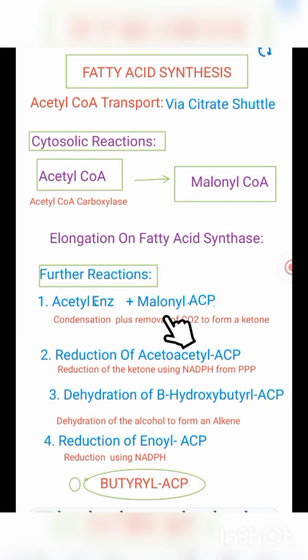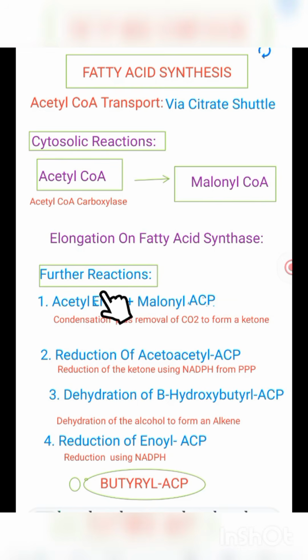And then you have your malonyl ACP, or the malonyl that is attached to the ACP component. These two are going to undergo a condensation reaction, which is a very critical reaction. This condensation reaction of acetyl enzyme and malonyl ACP will produce a ketone.